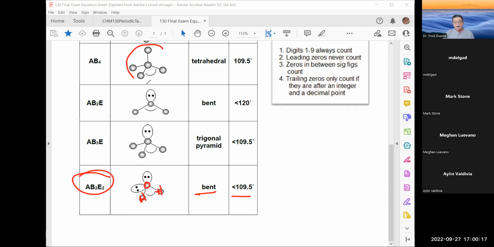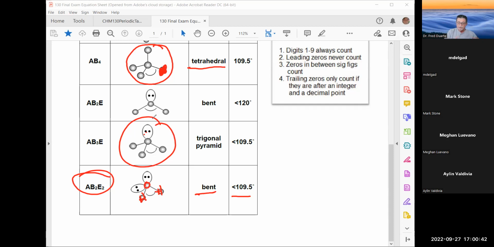This is kind of our default structure. Majority of our compounds have this tetrahedral shape. And the moment I remove one of these species, whatever is bonded to it, and leave a lone pair, that causes the bond angle to get smaller, because lone pairs take up more space.